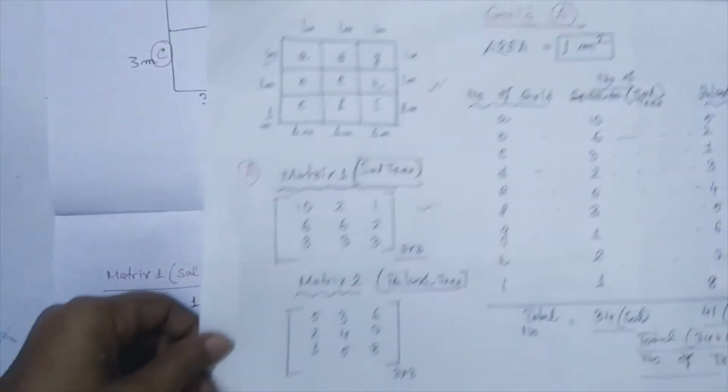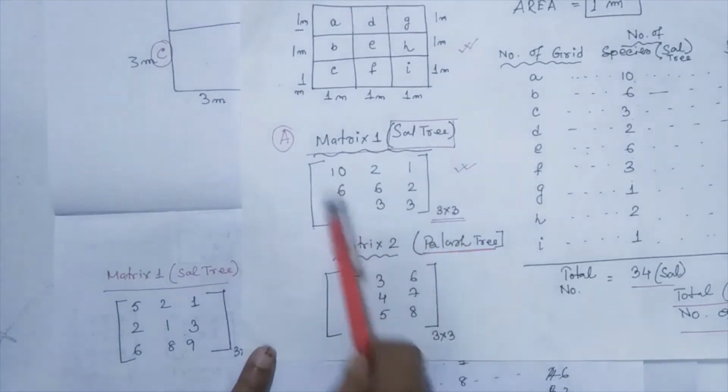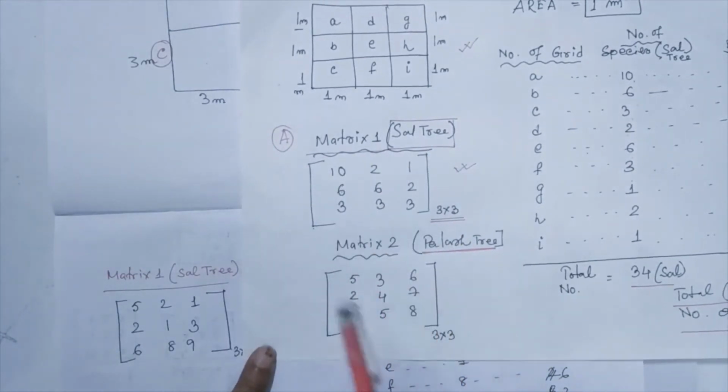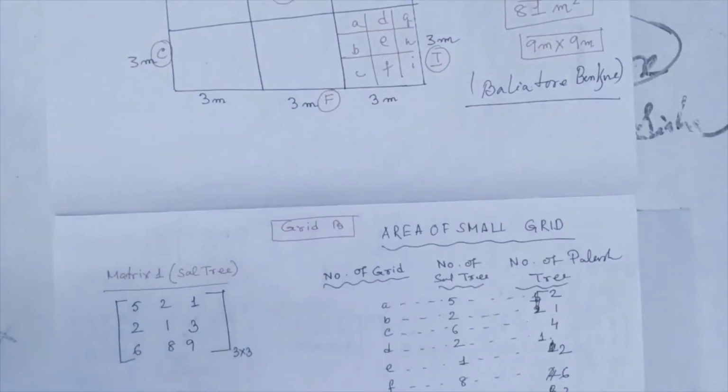If the information is provided in the matrix way, just count all the saltry and all the Pollash trees, and you just sum up, just identify the total number of species. Okay, you can do it in your own way.